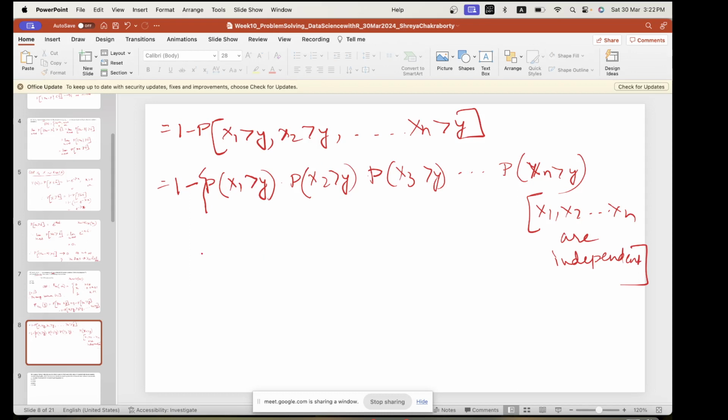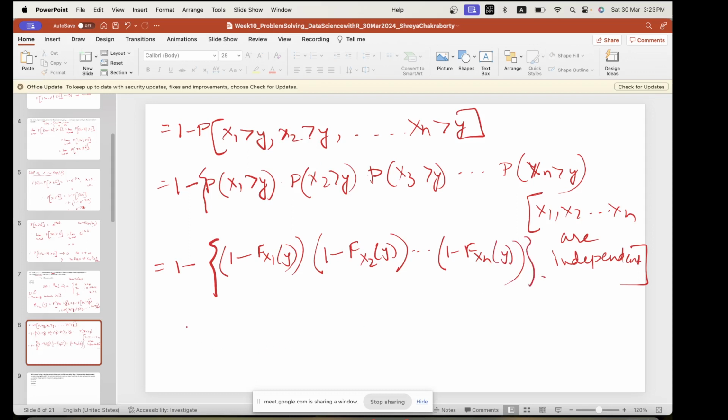Okay. So once we have that, we can write this as 1 minus the product of probabilities. The probability x1 greater than y means 1 minus F_X1(y), since F_X1(y) is the probability x1 less than or equal to y. So this implies 1 minus F_X1(y) times 1 minus F_X2(y), up to 1 minus F_Xn(y).